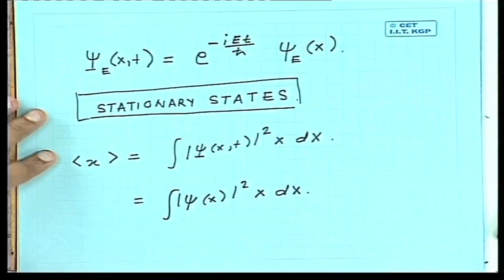Now suppose the system is not in a stationary state, it is in some arbitrary state. I have already told you that these eigenfunctions form a complete basis. So the eigenfunctions of energy also form a complete basis. And I can express any arbitrary wave function in terms of these eigenfunctions of energy, and I know the time evolution of each of these eigenfunctions of energy, so I can use this to find out the time evolution of any arbitrary wave function.